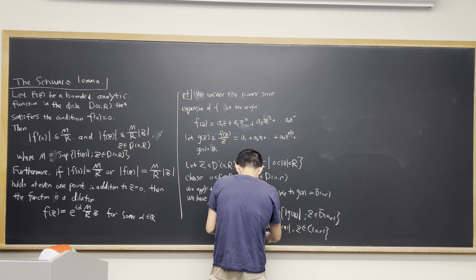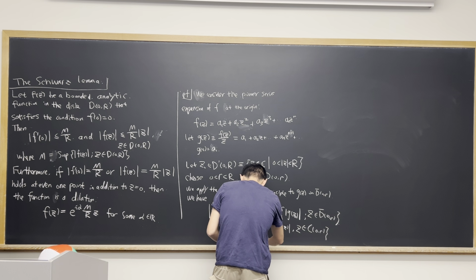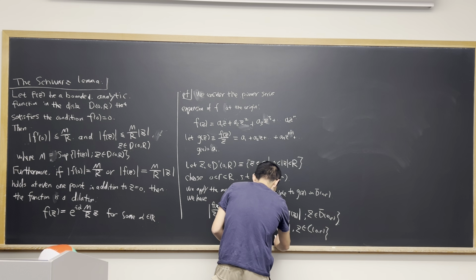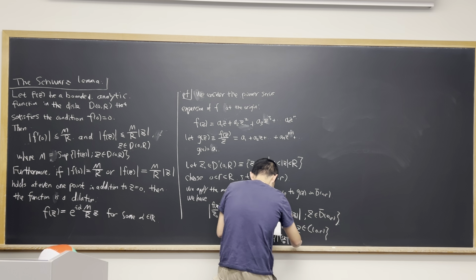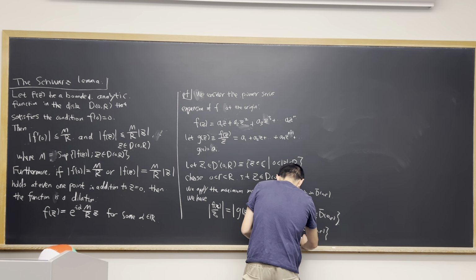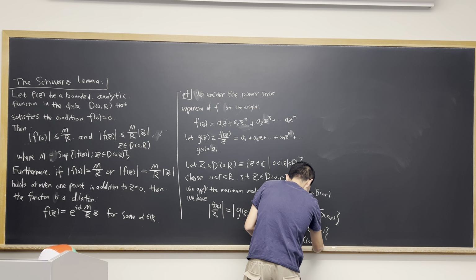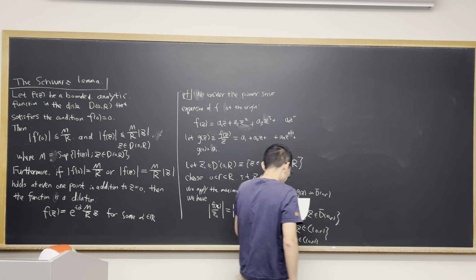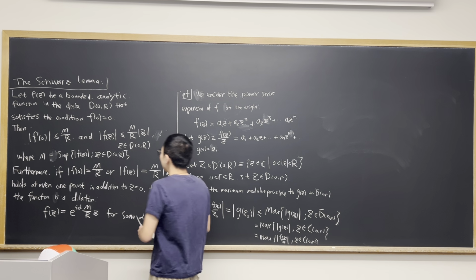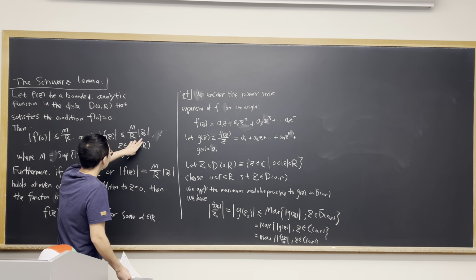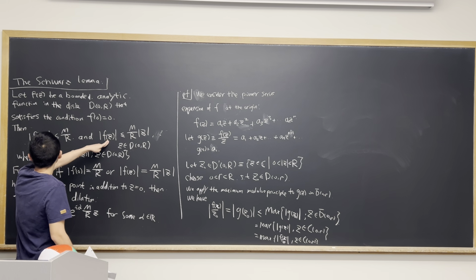Okay. So this is equal to the maximum of this modulus of f(z) over z in C(0,R). Okay. And remember that we have this.